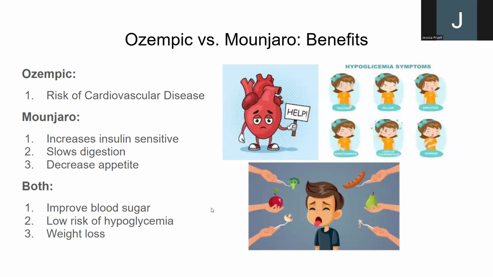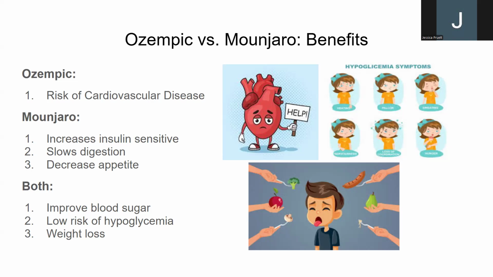The benefits of Ozempic and Mounjaro are slightly different. However, similar benefits are the improvement of blood sugar levels in the human body, the low risk of hypoglycemia.